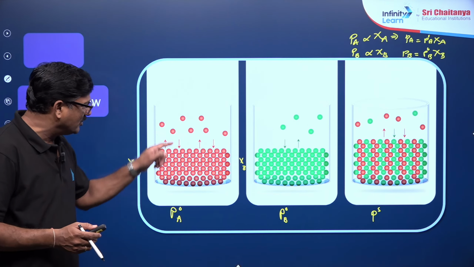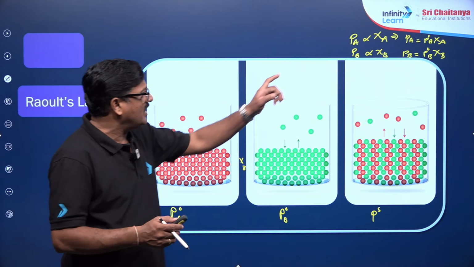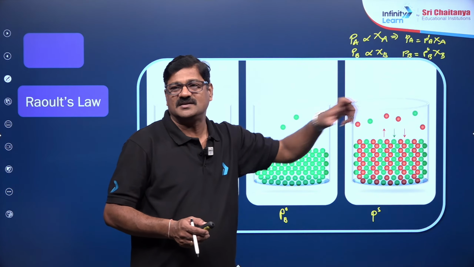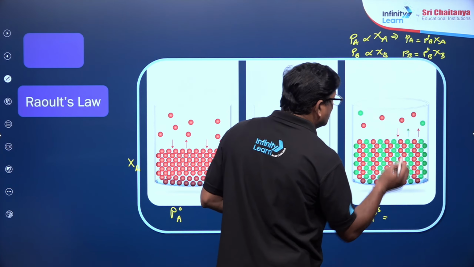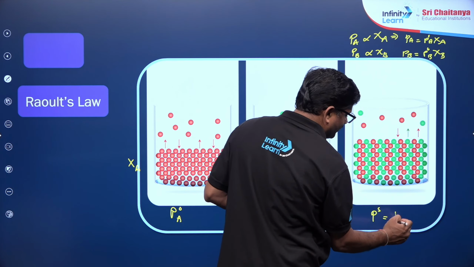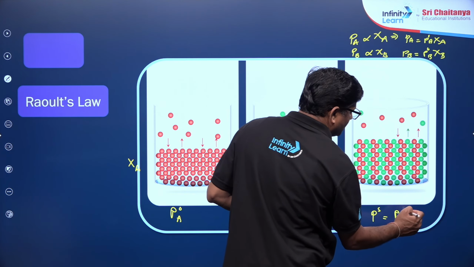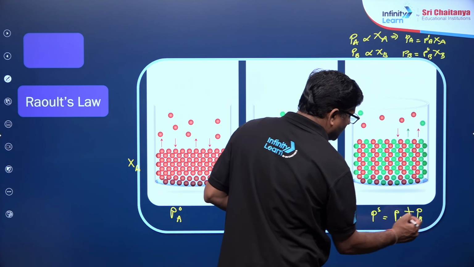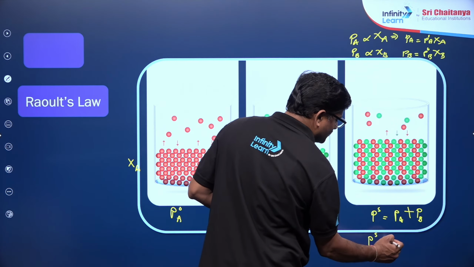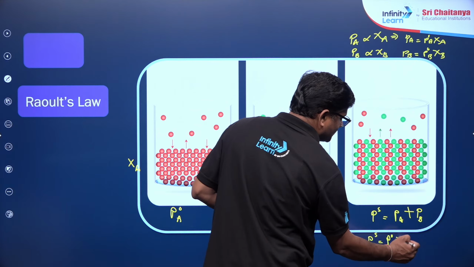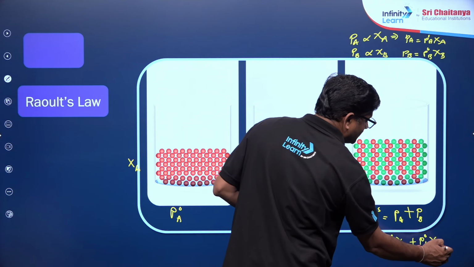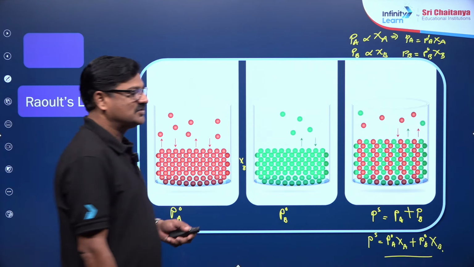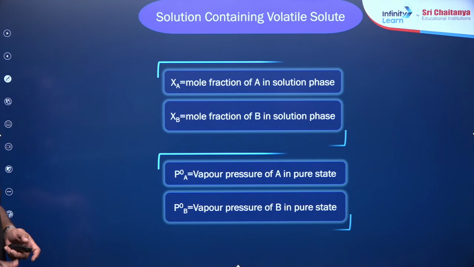P naught A is in the pure state, PA is in the liquid solution state. Of course PS is equal to PA plus PB. I mean to say PS is equal to P naught A XA plus P naught B XB. These are the things you need to know.